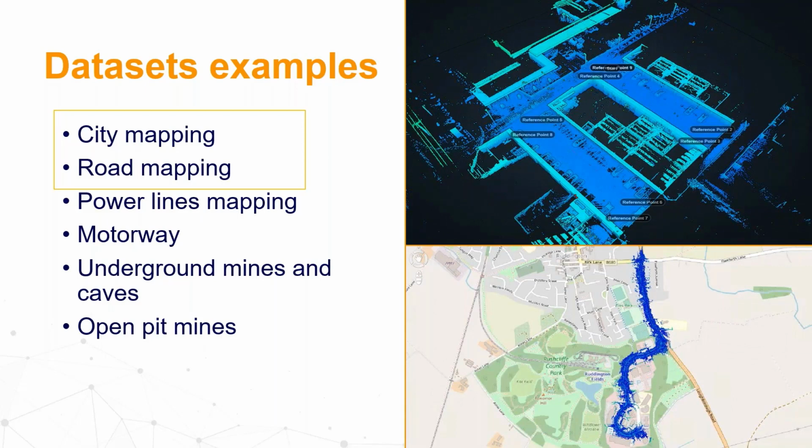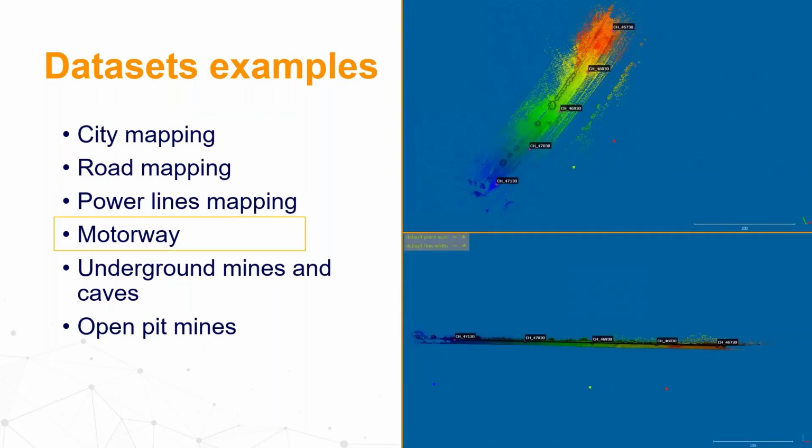The top one is the closed loop scan data that we have been given by our partners, and the bottom one is also processed through adjust to control, quite long scan around the housing estate and our office buildings. Motorway applications as well, side of the motorways, of course, with the control points along the way.